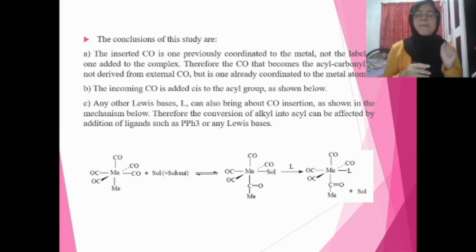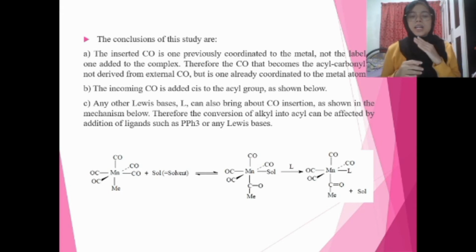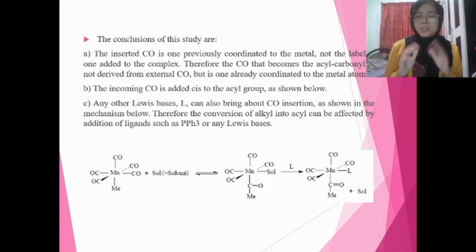As you can see, the Mn metal is bonded to the 5 carbonyls and methyl, plus the solvent. The incoming CO will insert itself between the Mn and methyl to form an acyl complex, and the solvent will leave the complex.